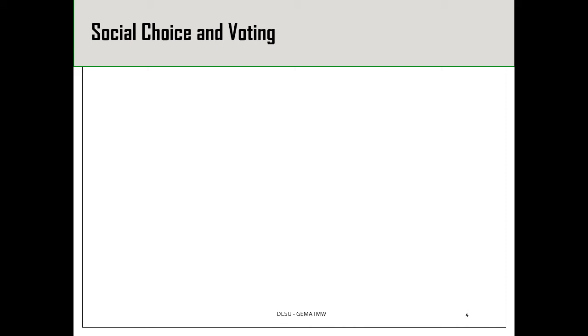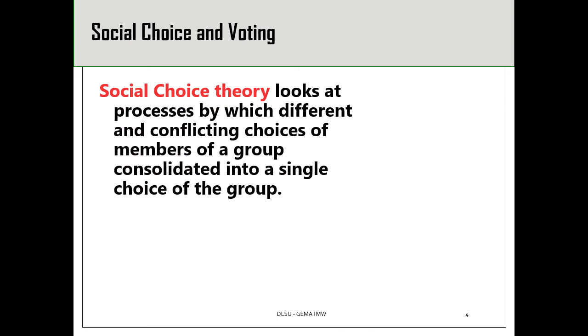Now, in order to understand social choice theory, the voting methods, and the fairness criteria, we have to discuss the preliminary concepts, the basic concepts, or the technical terms. Social choice theory basically looks at the process by which different or conflicting choices of members of the group are consolidated into a single choice.